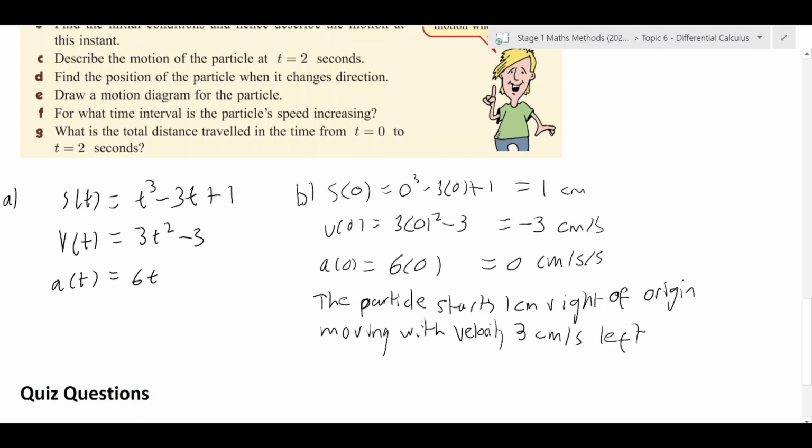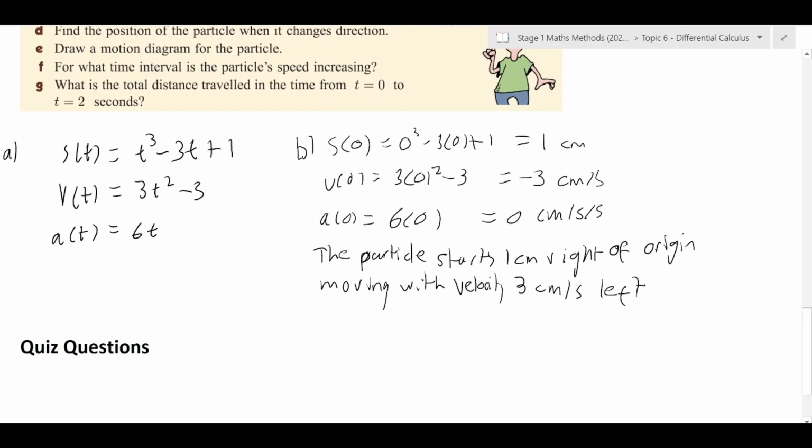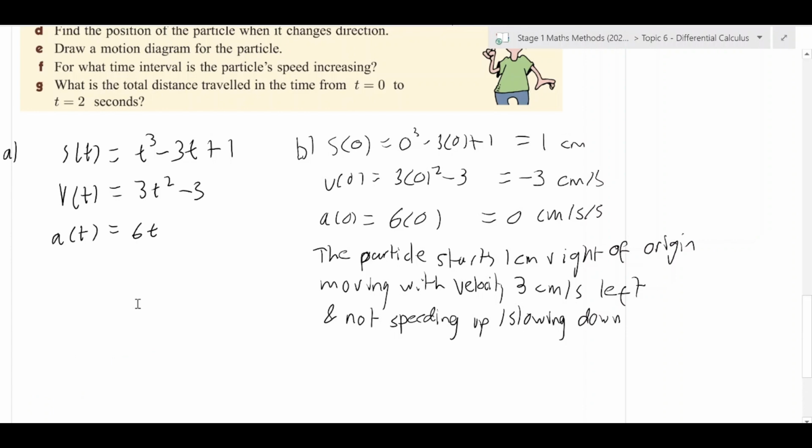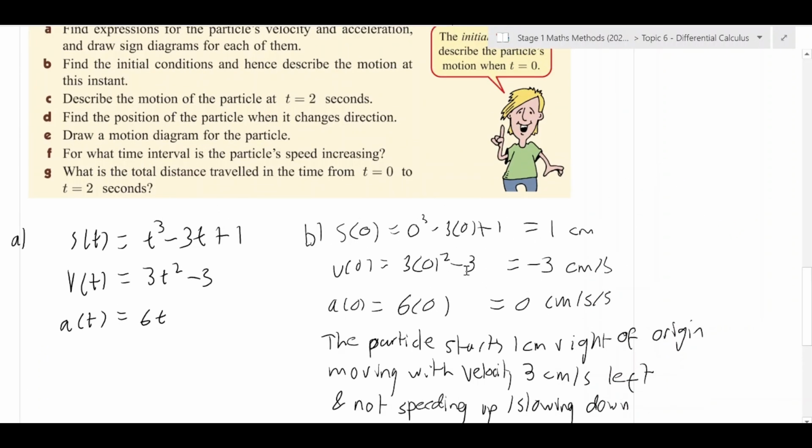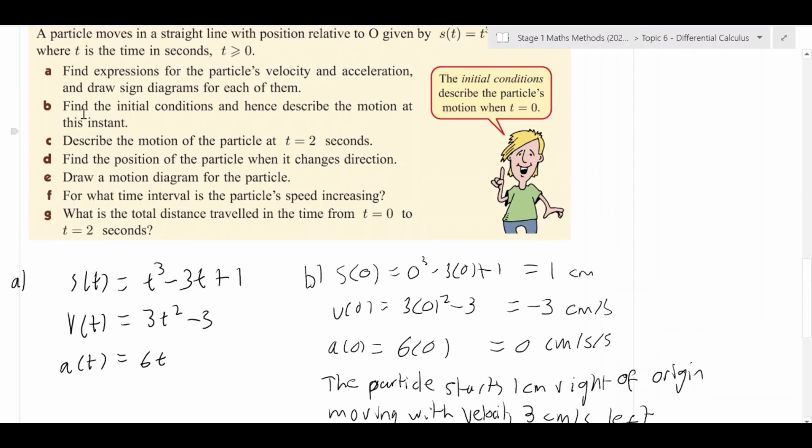You can tell it's right or left because the first one was right because it's positive, and the second one was left because it's negative. And not speeding up or slowing down, because the acceleration is 0. Now the acceleration won't stay at 0, the acceleration will change, but currently it's not speeding up or slowing down. So part B is done.